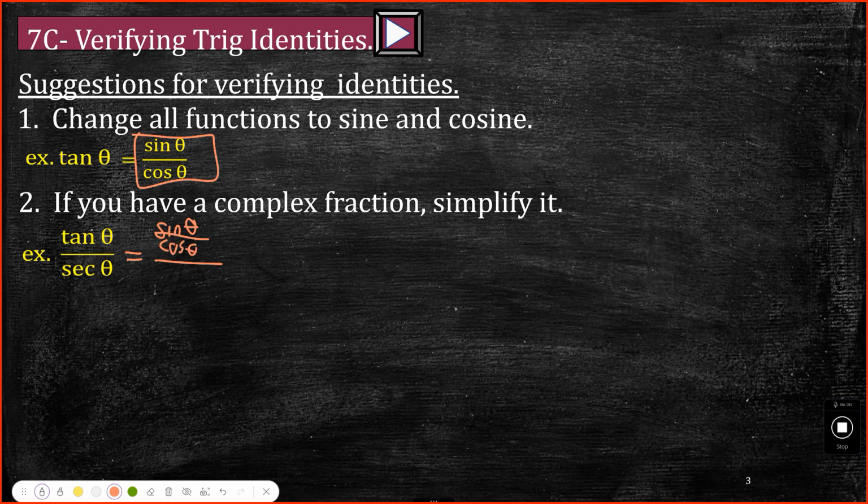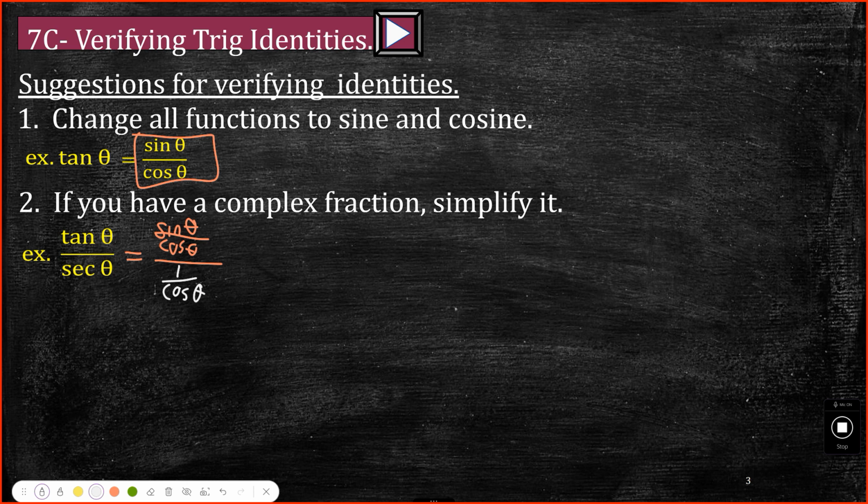And then I'm going to change this secant theta to what? Anybody? 1 over cosine theta is correct. This is a complex fraction right here.